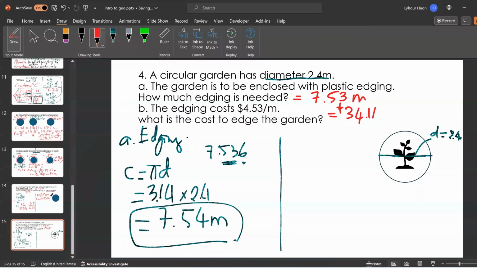So number two, for B, how much does it cost? So find the cost.